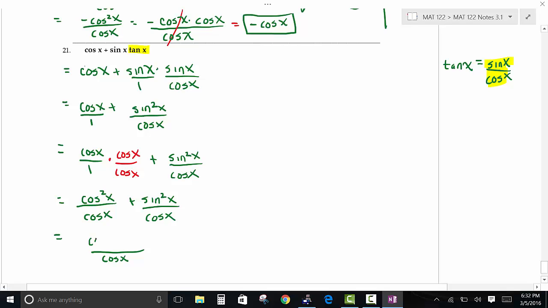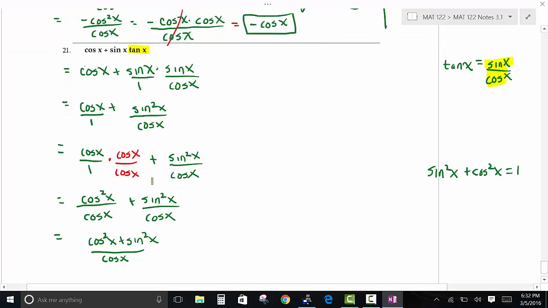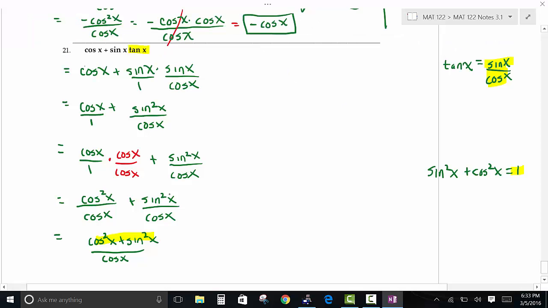And then we combine the numerator, so that's cosine squared x plus sine squared x. However, we have the identity that we learned that says sine squared x plus cosine squared x equals 1. So we're going to do a real simple substitution. So this gets substituted with 1, and then we have just a couple more things to do.